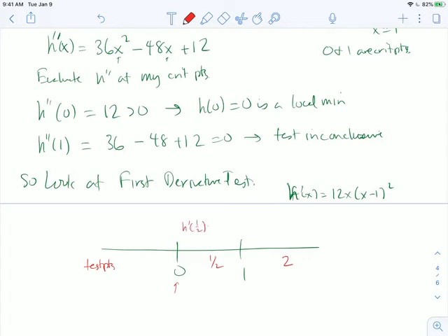H prime of 1/2 is going to be 12 times 1/2 times 1/2 minus 1 squared. That's a positive quantity. Whereas h prime of 2 is 12 times 2 times 2 minus 1 squared. That's also positive. So remember that even though it's negative inside, when I square it, it becomes positive. So I'm increasing here, and I'm increasing here. So what's going on is that this is neither a max nor a min.